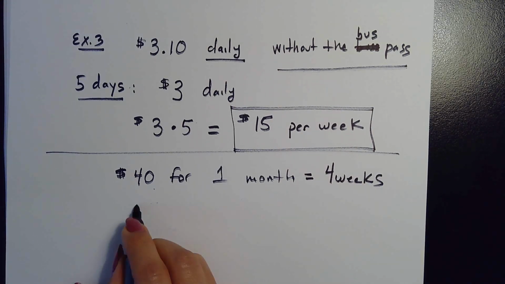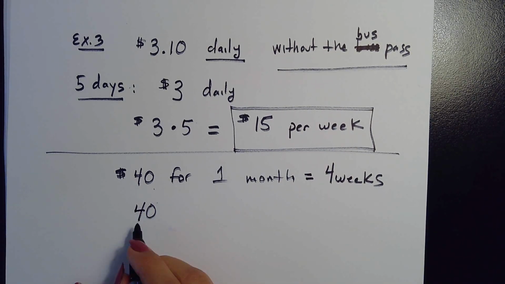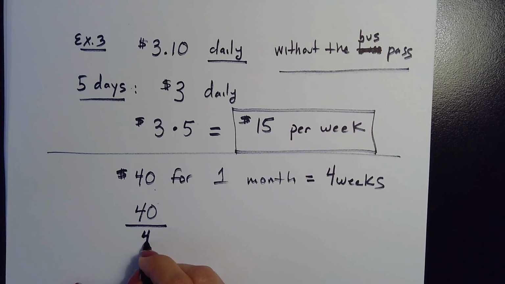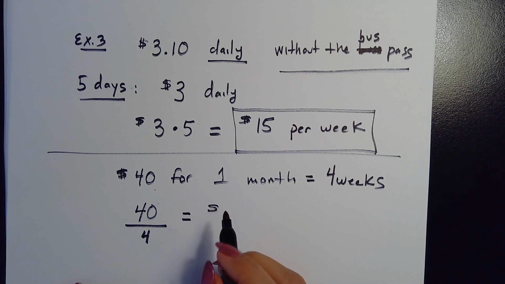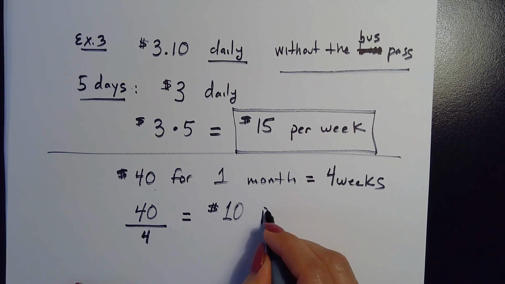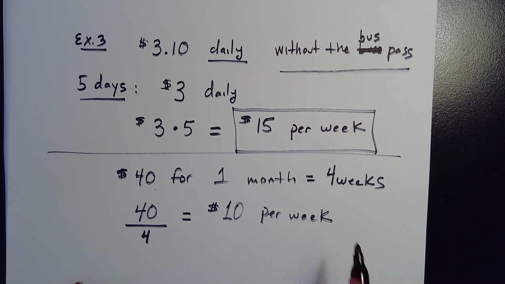So if you take the $40 and divide this by 4, you get $10 per week. So she's going to be spending $10 per week, which is a lot better than spending $15 per week.